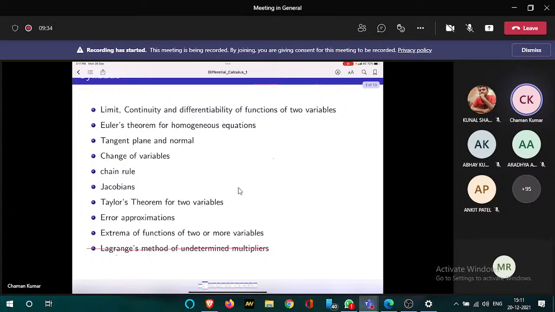So there will be a mock test few days before the MT examination. And if you face any difficulty in accessing the Moodle platform or any sort of problems related to the Moodle platform, then you can write to us and we will try to resolve it.